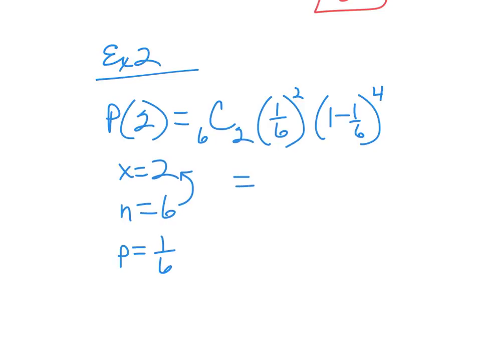So according to your text, a combination 6, 2 is 10. And that's wrong. So we need to erase that. I looked in the wrong spot. A combination 6, 2 is actually 15.